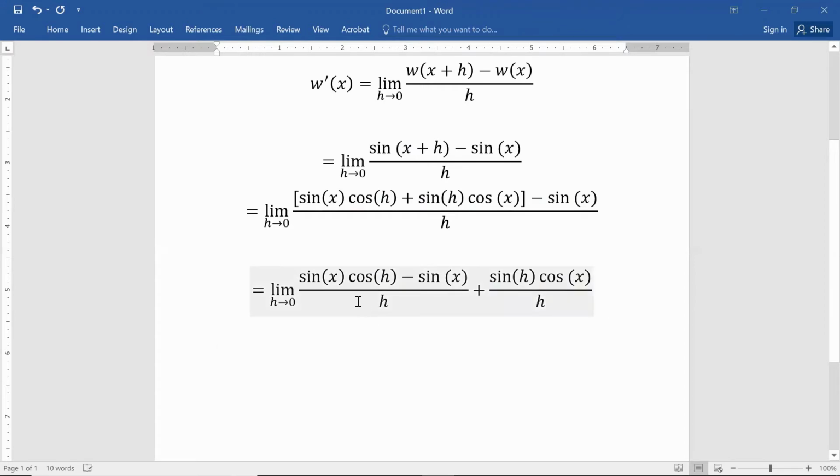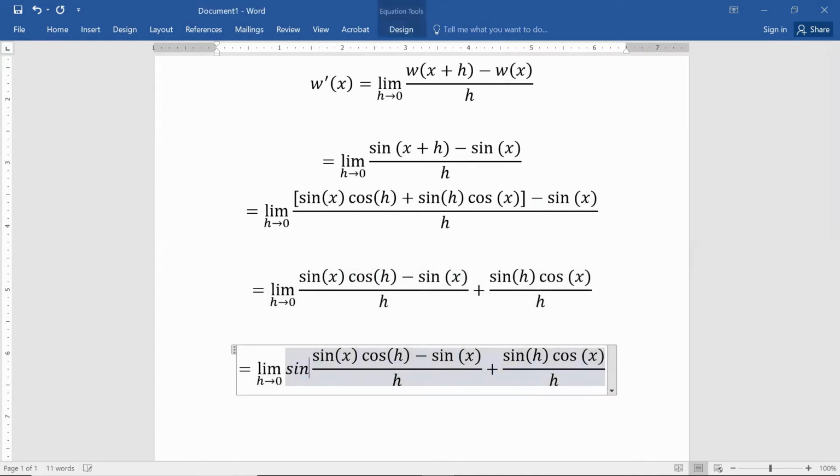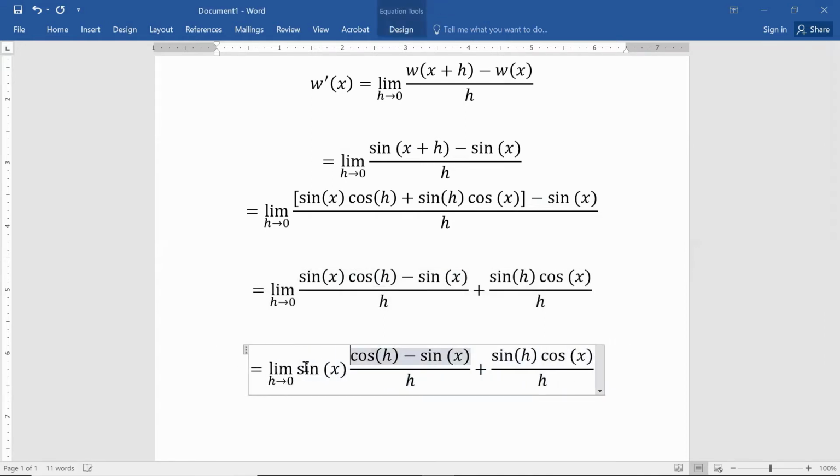This is going to be hard to see, but we're going to now take this and algebraically manipulate it again. In this first fraction, I'm going to factor out a sine of x.